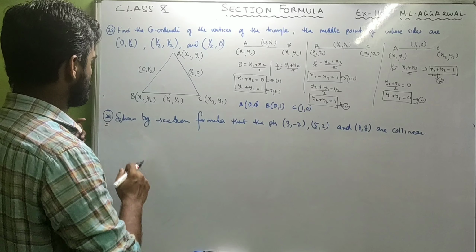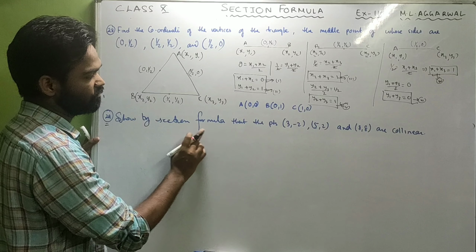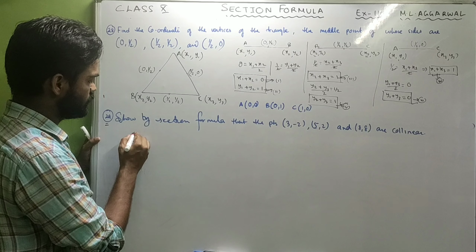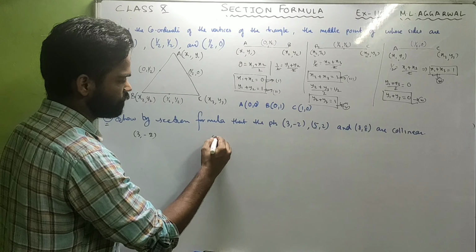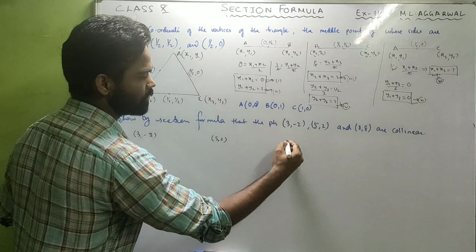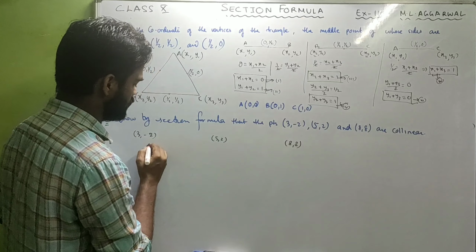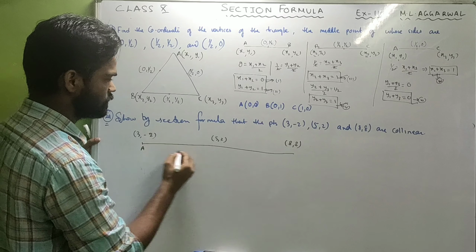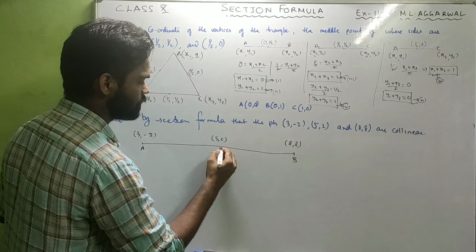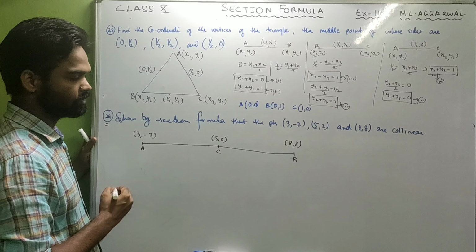Now look at sum number 29. Show by section formula that the points 3 comma minus 2, 5 comma 2 and 8 comma 8 are collinear, which means they lie on the same straight line. Okay.